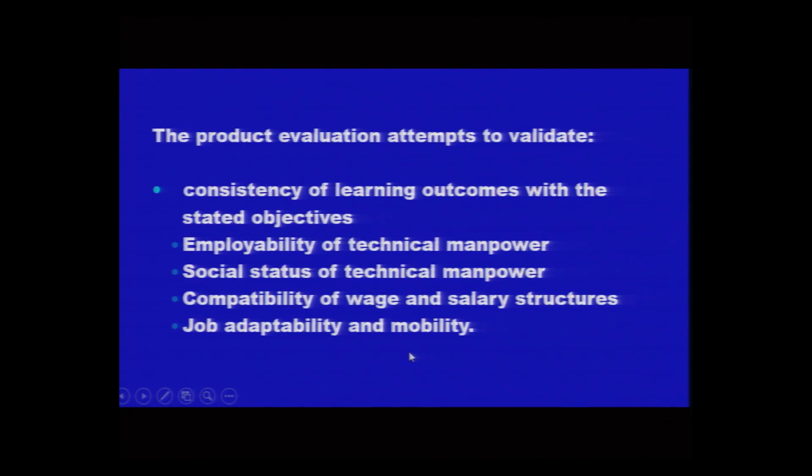Then we see job adaptability and mobility. Whether students are able to adapt as per the requirements of the industry, because sometimes students may be working on the production side, then they may be shifted to some design section, or they may be sent to some R&D work.